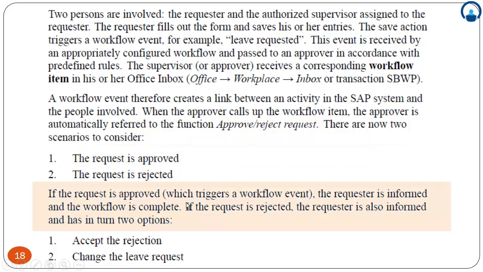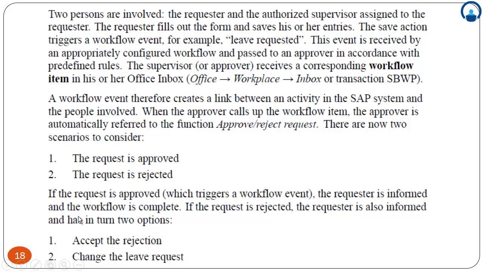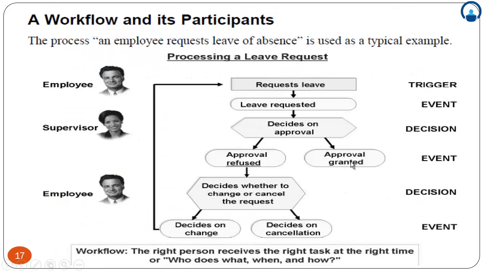If the request is approved, which triggers the workflow event, again an event is triggered. The requester is informed and the workflow is complete. Once it is approved, the SAP system will inform the employee who has requested the leave, and the same will be reflected in his office inbox as well, which he can see via transaction SBWP.